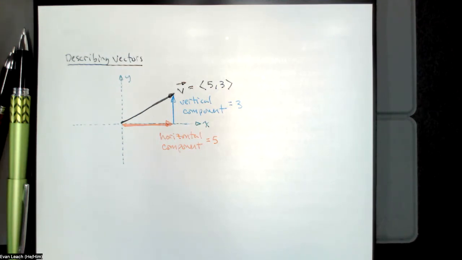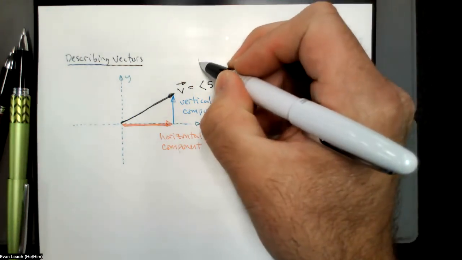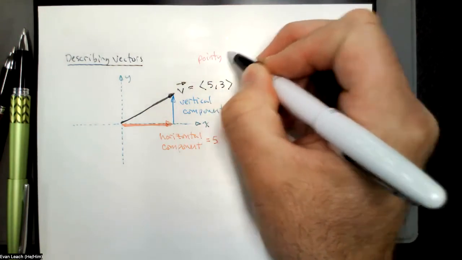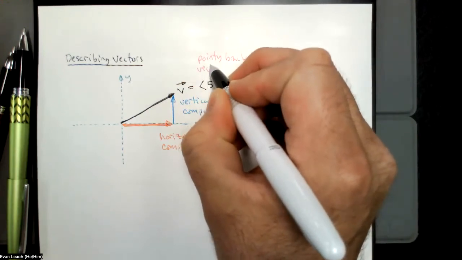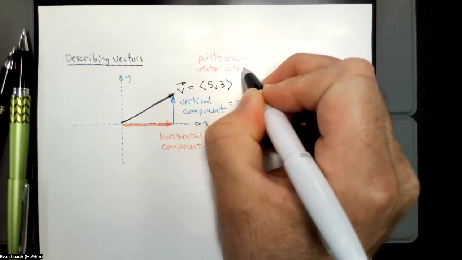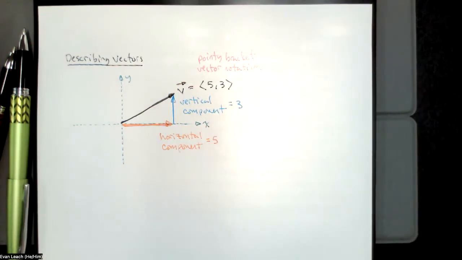One of the common ways to indicate a vector, horizontal and vertical components, to distinguish it from just a point in space, is to put pointy brackets on, instead of the low res parentheses. So list the horizontal and vertical components in pointy brackets.